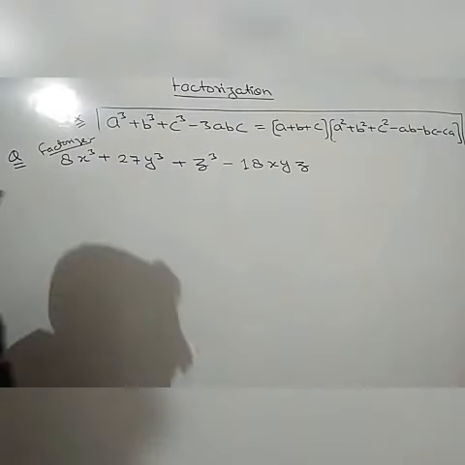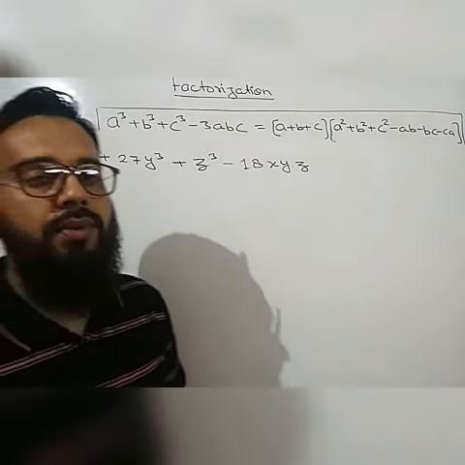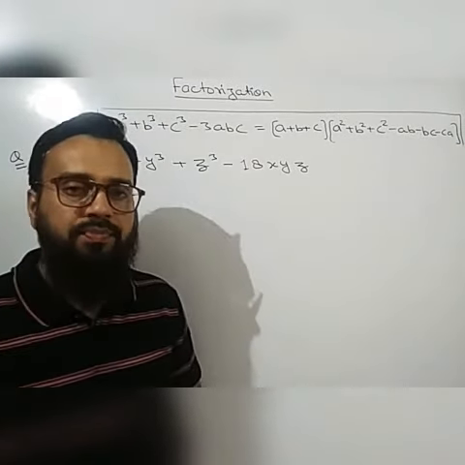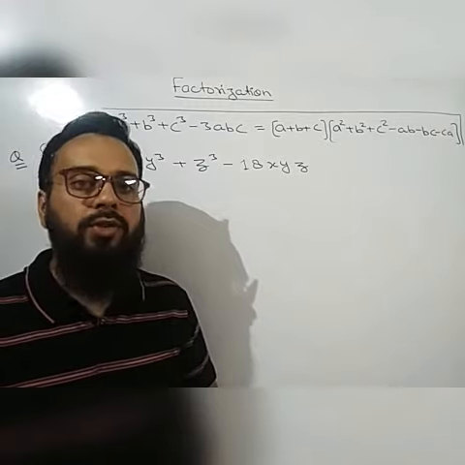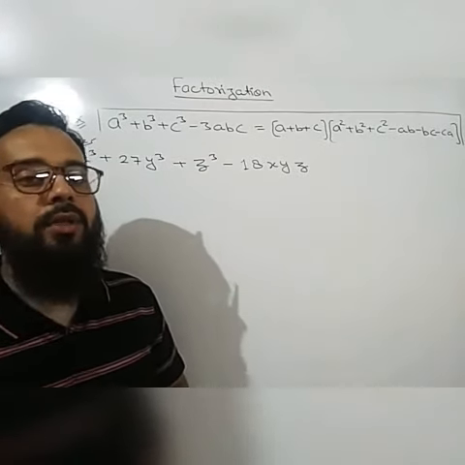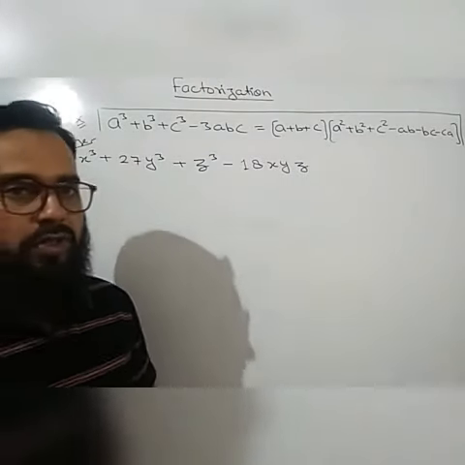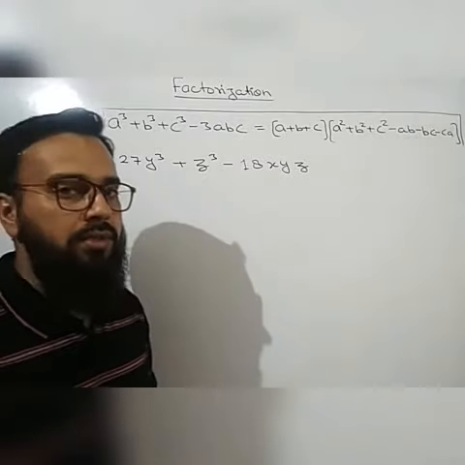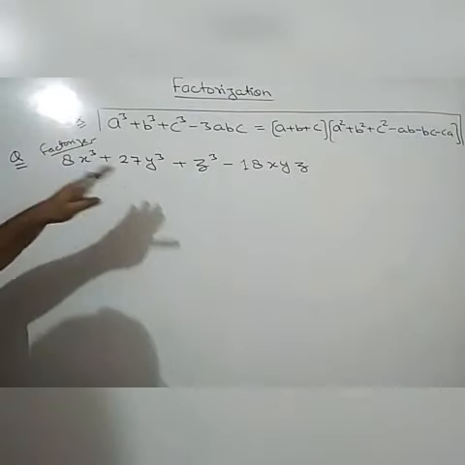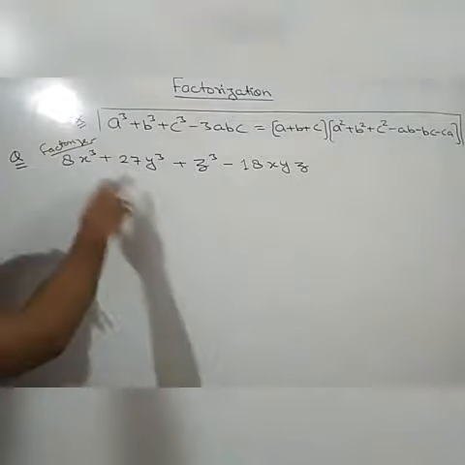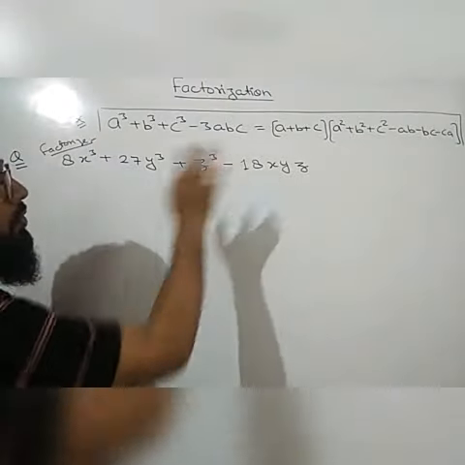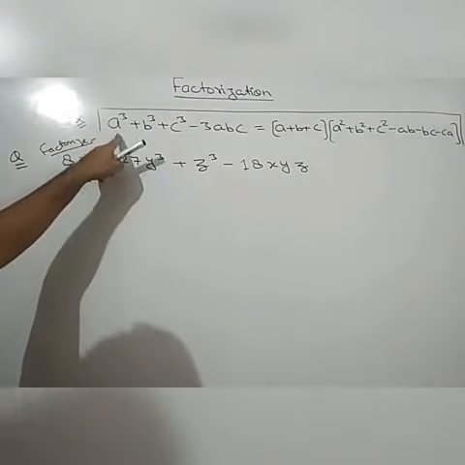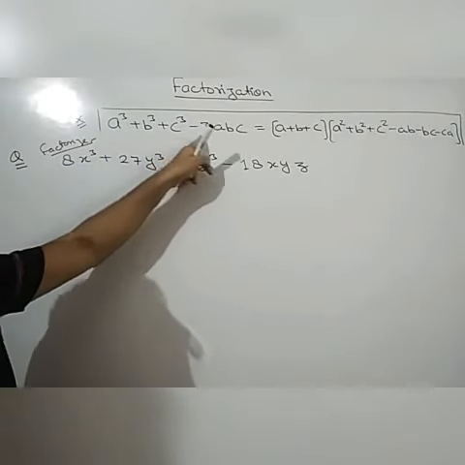In our last video, we discussed questions of cubic polynomials also, where there were two cube terms and a total of 4 terms, and I told you how to select the terms and how to compare them. Similarly, in this identity also there will always be 4 terms, because the identity is a cube plus b cube plus c cube minus 3abc.